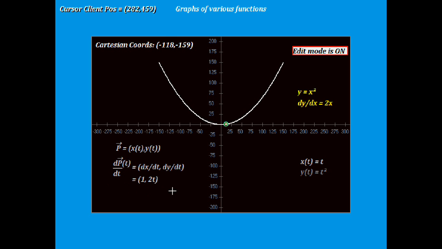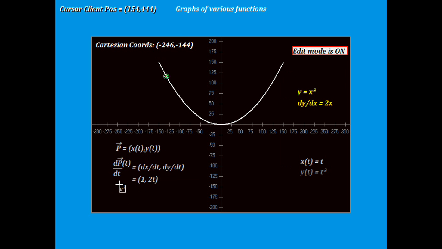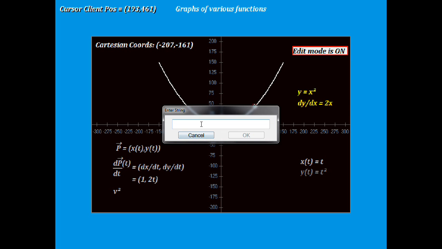So the speed at any time t is the root of the sum of the squares of these things. So v, the scalar v, or v squared, might as well use the square because I can't do a square root sign. That is equal to 1 plus 4t squared, right?